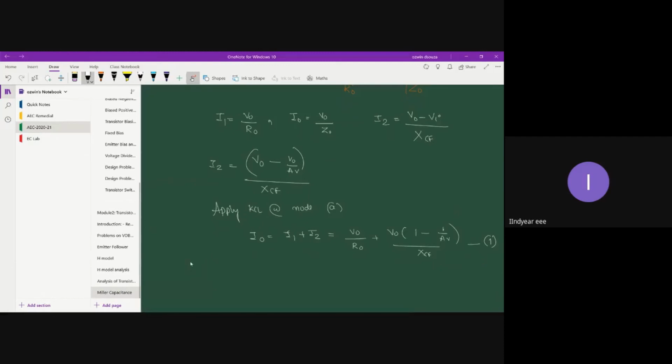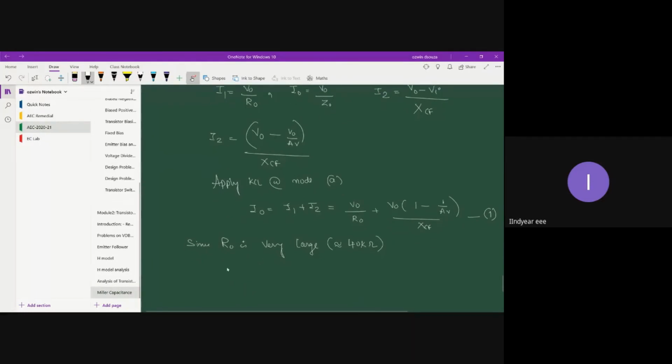One approximation we can propose here. Since R naught is very large, typically in the range of up to 40 kilo ohm, you can approximately write I naught as I2.